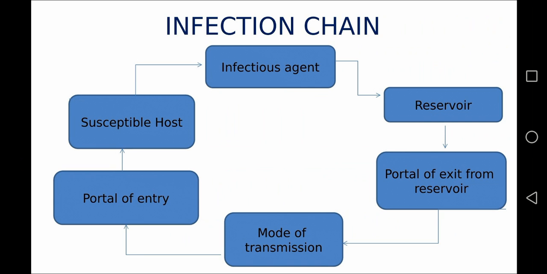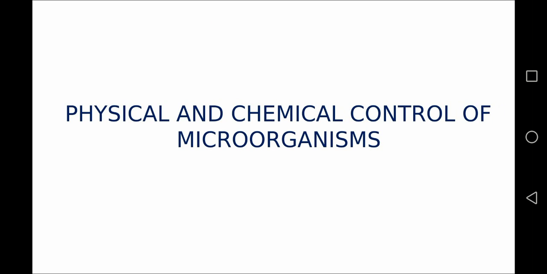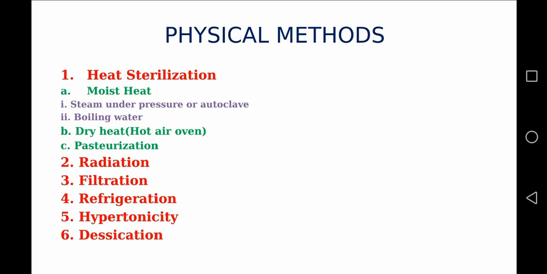Next, we can see the physical and chemical methods used to control microorganisms. First, start with the physical methods. First one, heat sterilization. It includes moist heat, dry heat and pasteurization.